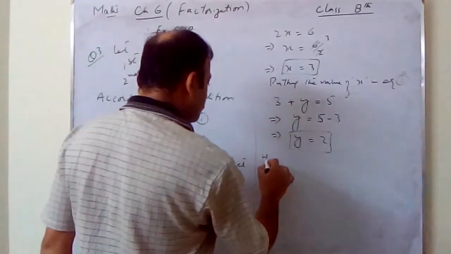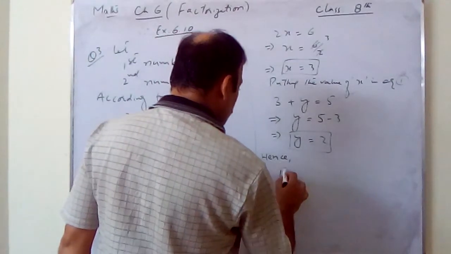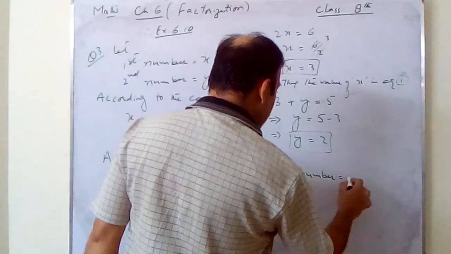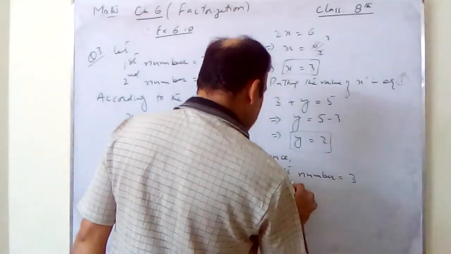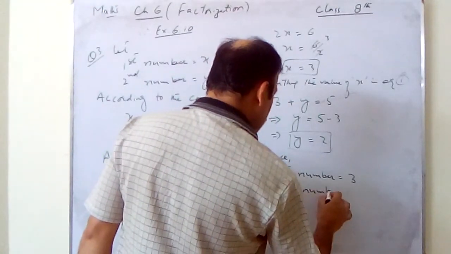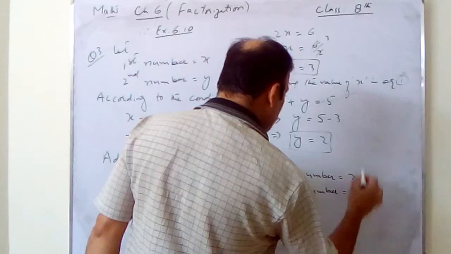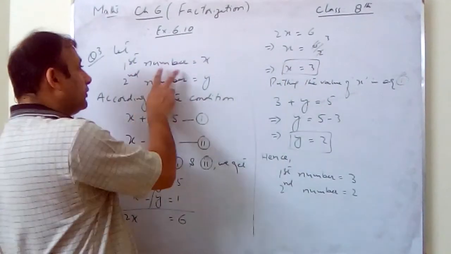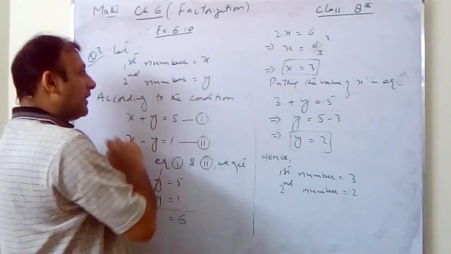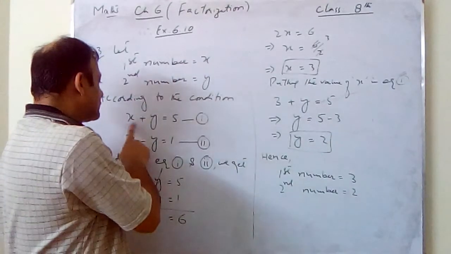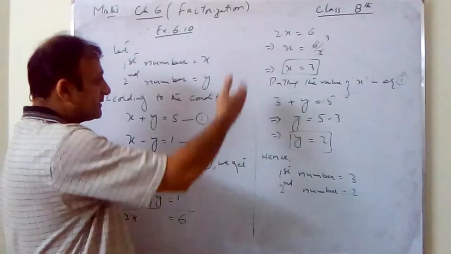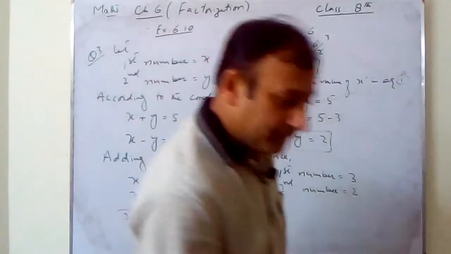Hence, the first number is equal to 3, the second number is equal to 2. So he is asking the question that there are two numbers, first number is x, second is y, there are two conditions, sum of these two is 5 and difference is 1. So the rest is the simplification, simple.